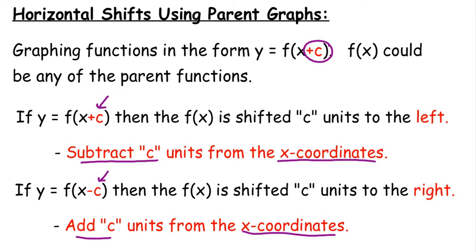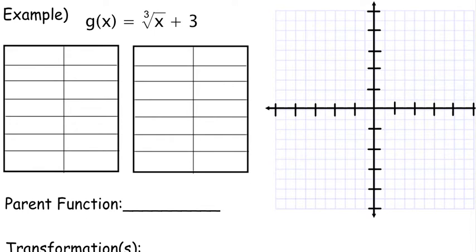All right, let's practice this now. We give you the function g of x equals the cube root of x plus 3. I'm going to take care of the parent first. So our parent is y equals the cube root of x. I'm going to go a little faster with that since we just graphed it. When we substituted 0 in for x, we got 0. When we substitute 1 in, we got 1.